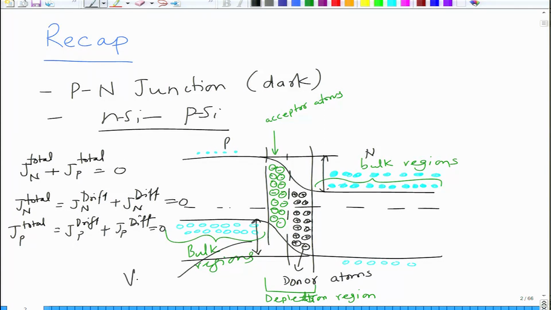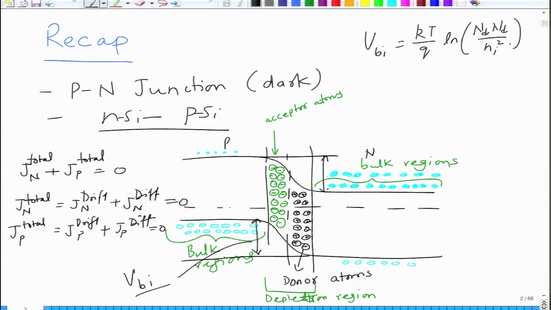This is called VBI, and as we saw last time, this VBI was determined by equating the Fermi levels on both sides, and this VBI turns out to be kT by q ln of Na into Nd divided by ni squared.